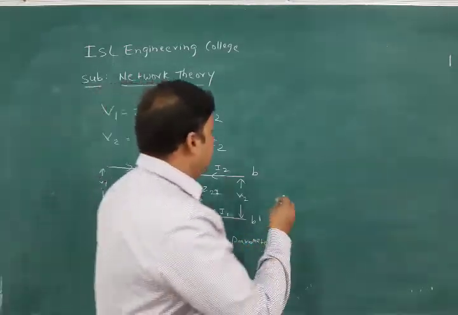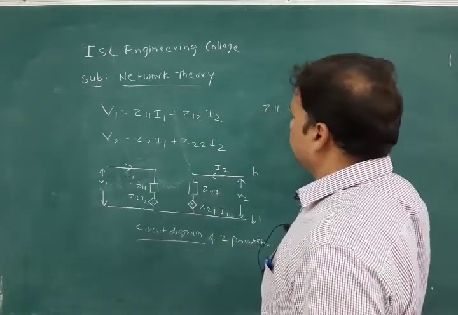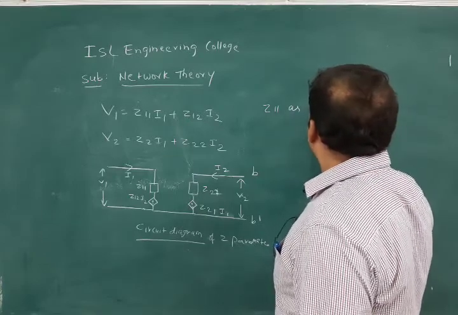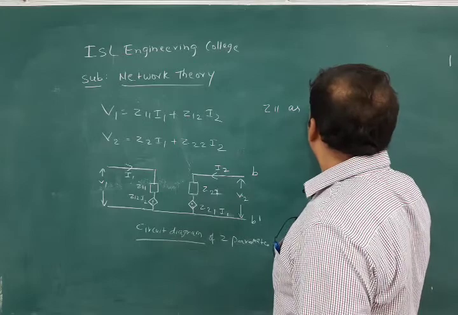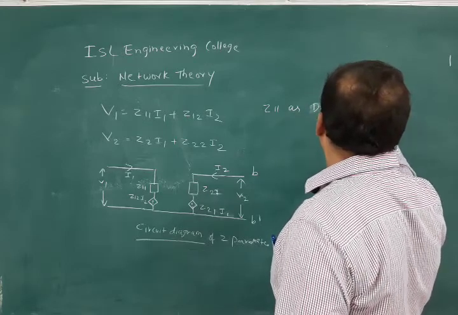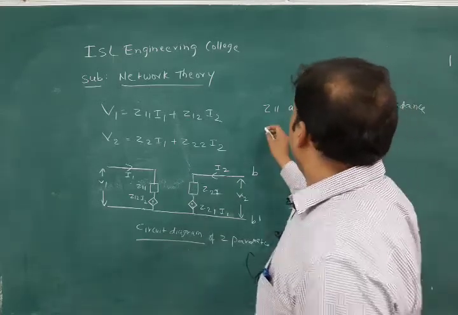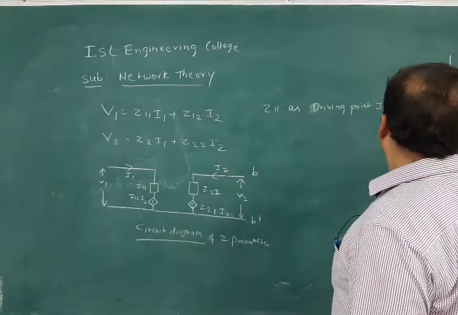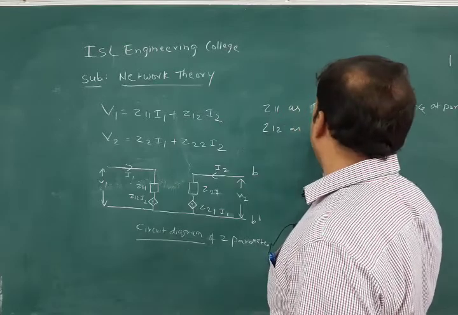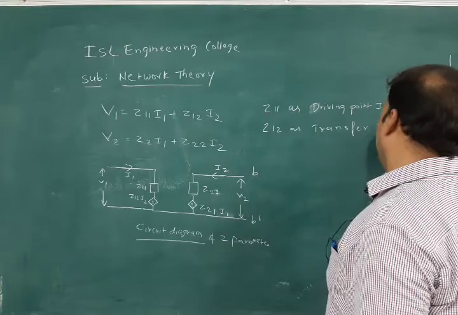Here we call Z11 the driving point impedance at port 1, and Z12 the transfer impedance as it is getting transferred.